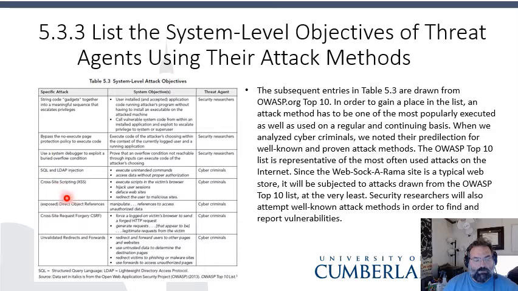Similar to cross-site scripting, but basically taking advantage of somebody being logged in on one site and appearing to be somewhere else. And then the unvalidated requests, redirects and forwards. Again, generally speaking, cyber criminals are going to go after this stuff because there are pre-existing tools that make it a whole lot easier to do, rather than spending the time coming up with something that takes an awful lot of work.